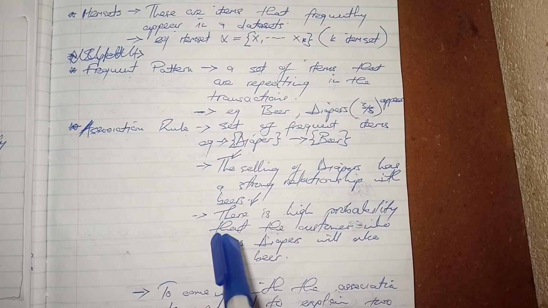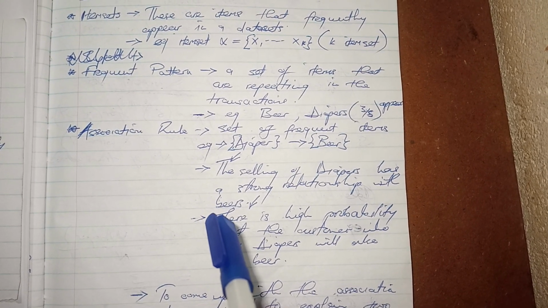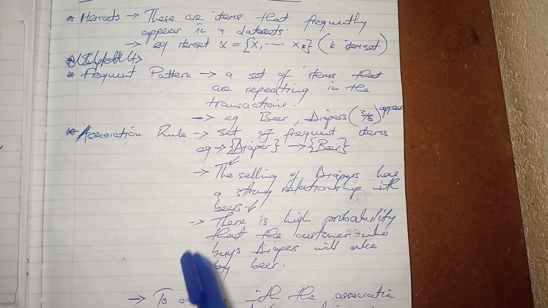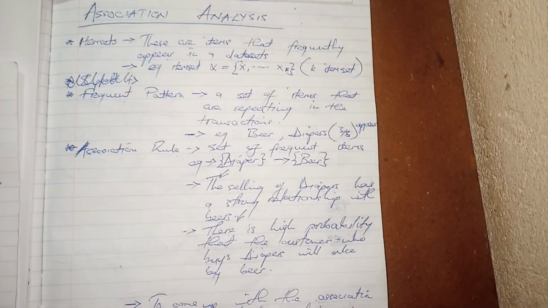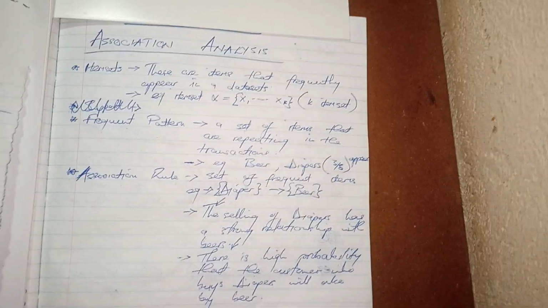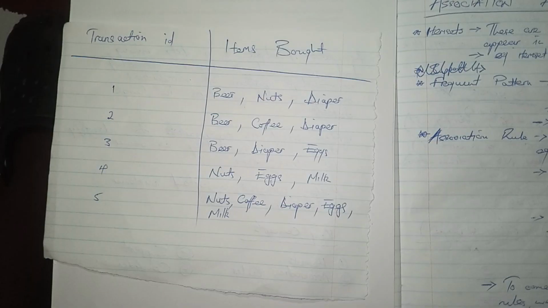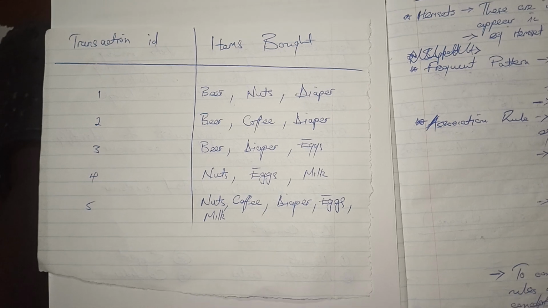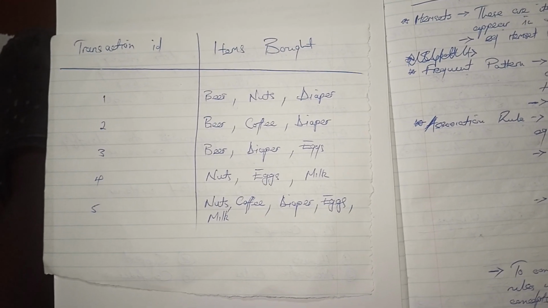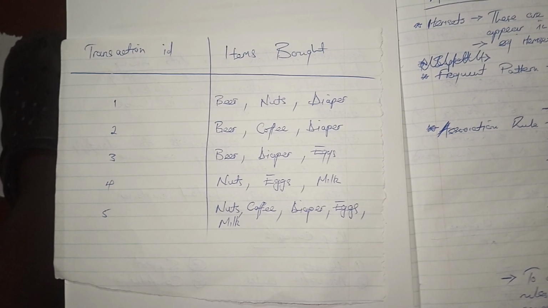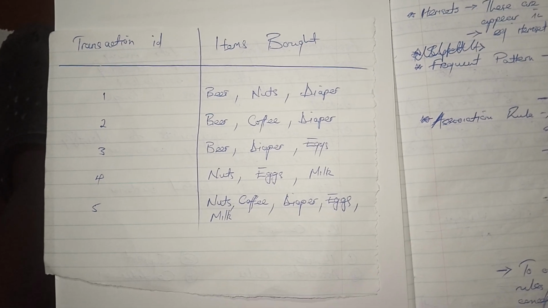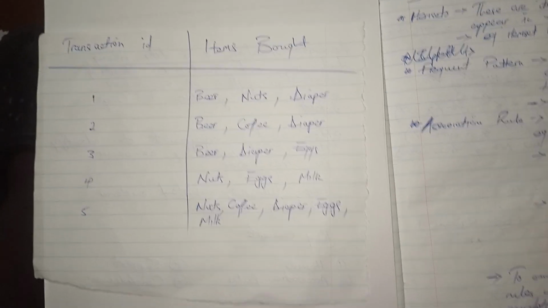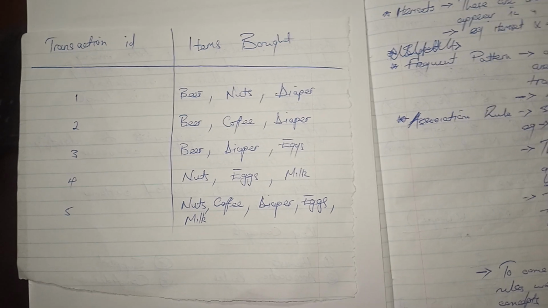An association rule is built from the set of frequent items. Let's take an example of this table. We've got the first transaction, or the first trolley, with transaction ID 1: beer, nuts, diaper. Those are the things in the trolley. Then the second transaction up to the fifth transaction.